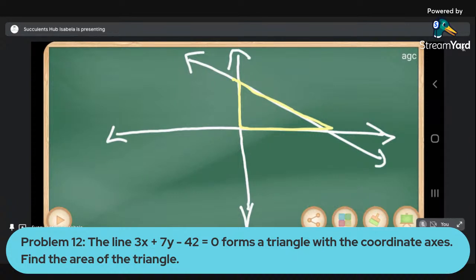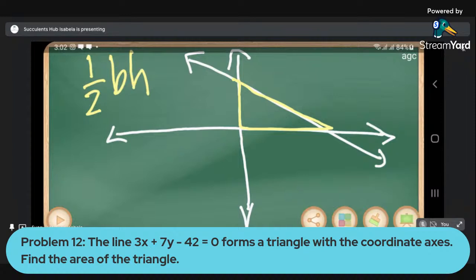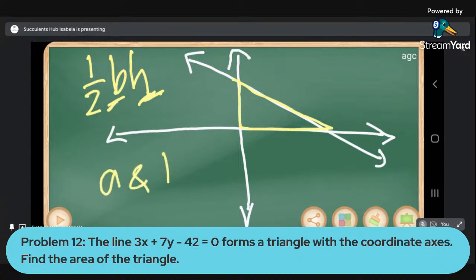Okay, you know naman that the area of the triangle is 1/2 base times the height. So what you need to know is the base and the height, or in the intercept form, it's the value of A simply and B only.